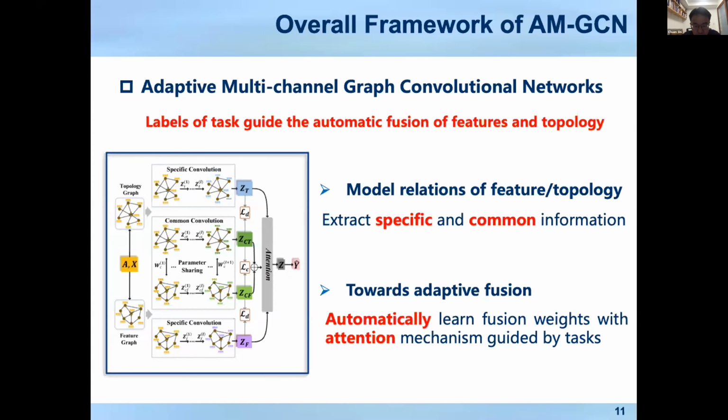The first one is to model the relation between the features and topology by extracting specific and common information. The second one is to automatically learn the fusion weight with an attention mechanism guided by the task for adaptive fusion.